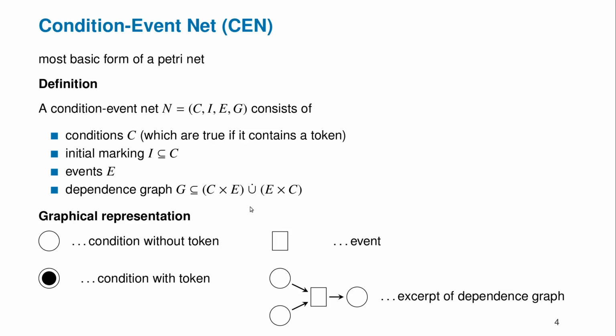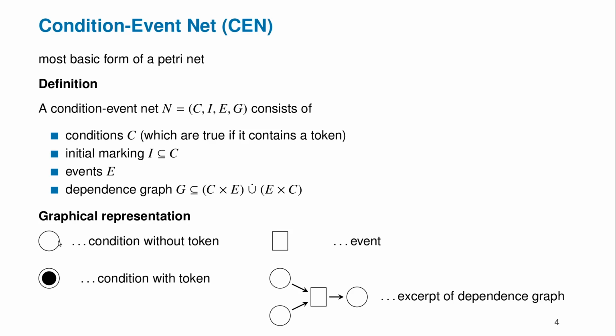So what we have now is a kind of graph that contains two different kinds of nodes, the conditions and the events. Graphically, we represent the conditions by circles and the events by these boxes here.